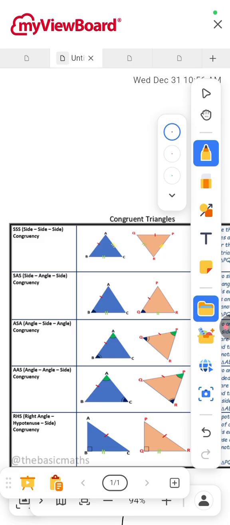In this video, I'll be explaining what congruent triangles are. This is a prerequisite to a video which I promised on my WhatsApp status, that I'll be dropping a video on circle theorems.